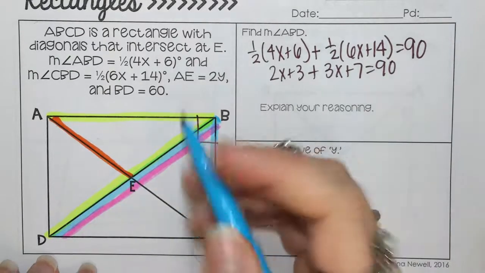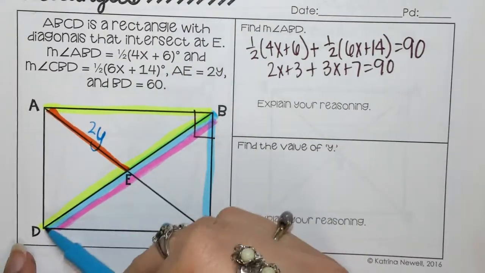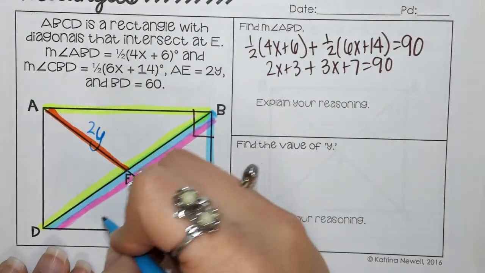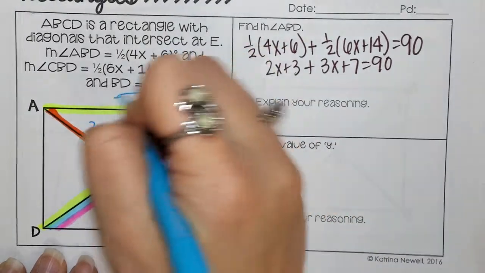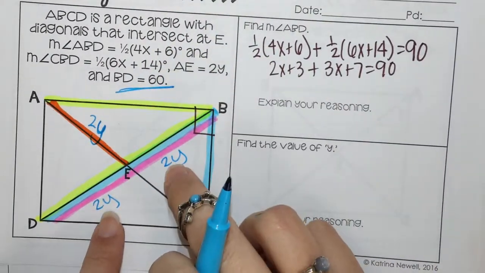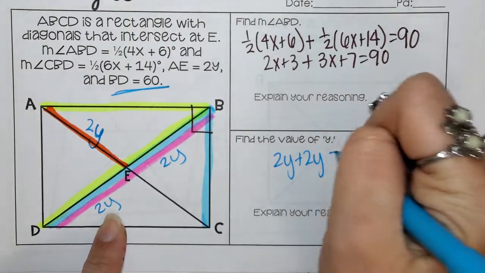It's half of the diagonal. So if this is 2y, Blair, what does that mean for DE? And what does that mean for BE? And I also know that that whole thing is 60. So what would I do with these two parts? Add them together and set it equal to 60.